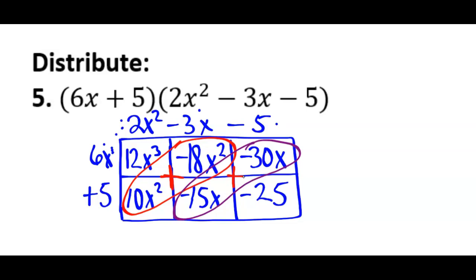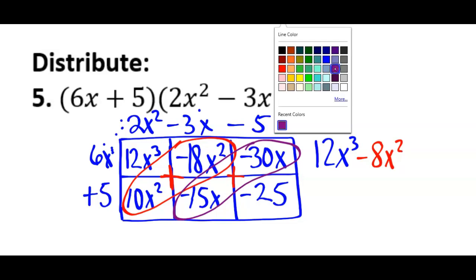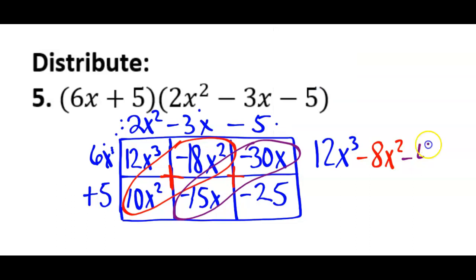So, what's my final answer going to be? Well, it's going to be 12x cubed. That's just going to come out. I'm going to add my 10x squared and my negative 18x squared and get negative 8x squared. I'm going to add my negative 15x and my negative 30x and get negative 45x.